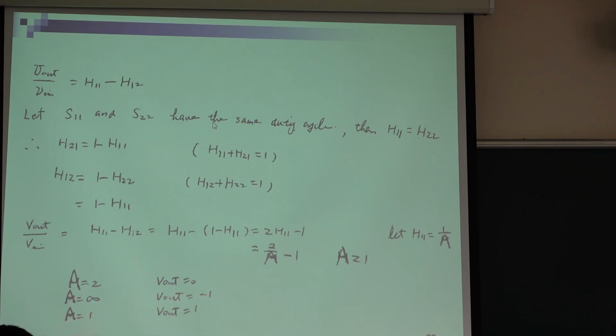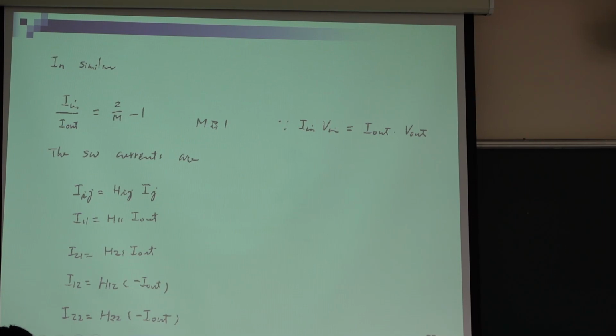If A is 1, what does this mean? Here, 2 divided by 1 become 2, and 2 minus 1 become 1. So the gain is always 1, which means V out equal to V in. So we can change the duty of the switch, then we can change the output voltage. We can obtain different gain.